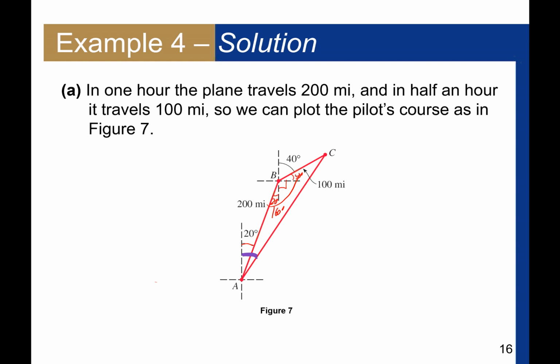As a matter of fact, if we could find the measure of this angle inside the triangle and add it to that 20 degrees, that would give us the angle of that bearing. And since it's the angle inside the triangle, we know two sides, we know the included angle. Well, as a matter of fact, we know all three sides.